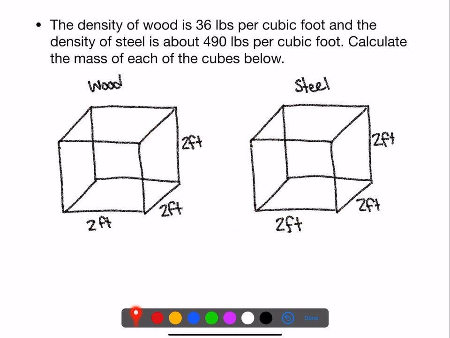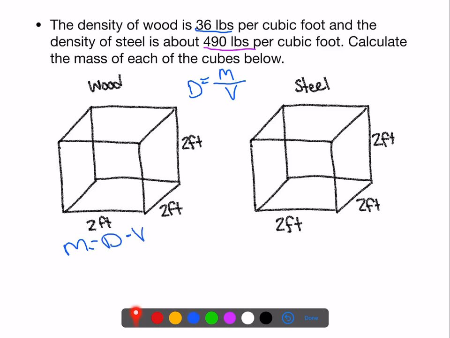Now, back to our problem with the wood and the steel block. The density of wood is 36 pounds per cubic foot, and the density of steel is 490 pounds per cubic foot. Calculate the mass of each of the cubes below. So if we remember, density is equal to mass over volume, then we can know that mass is equal to density times volume.